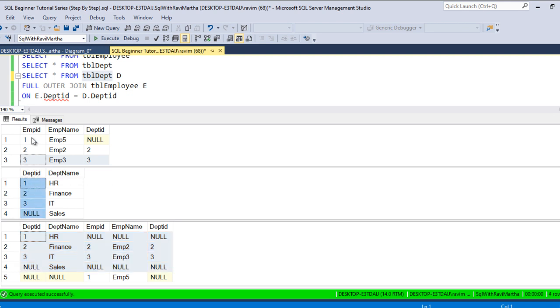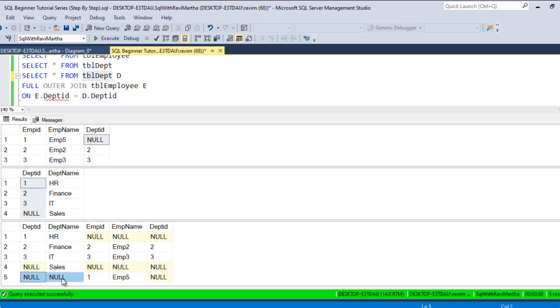It should get all the records from this table as well. But if you observe, till now we got only the four records, but we didn't get the employee ID 1, this record. So it will fetch this record, that means 1 employee 5 and null. So this record it will fetch here, and for the department fields it will mark as null.